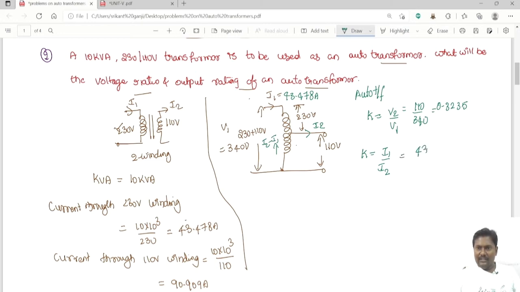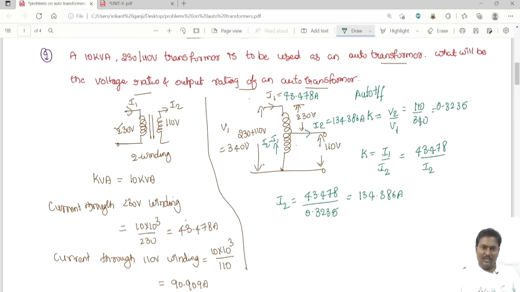So 43.478 divided by I2, and now I2 is equal to 43.478 divided by the K value, 0.3235, which is equal to 134.386 amperes.